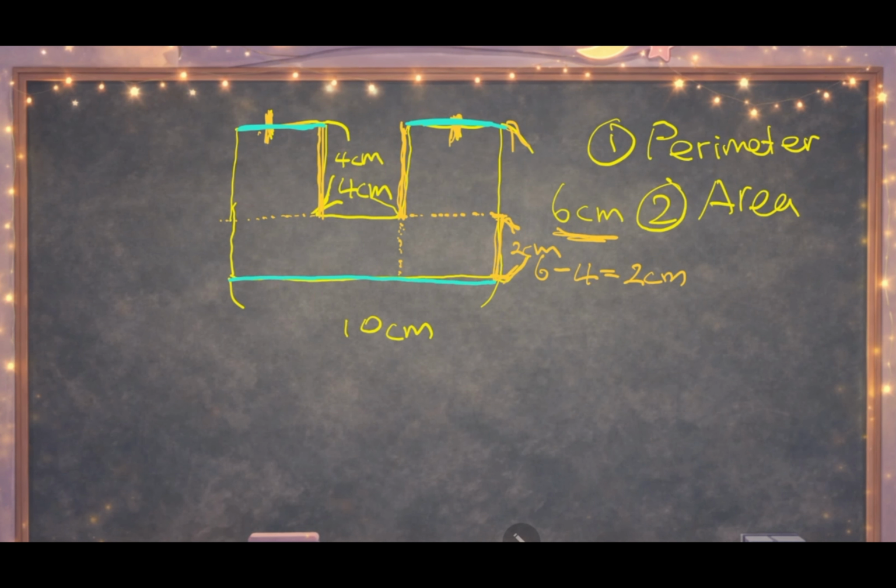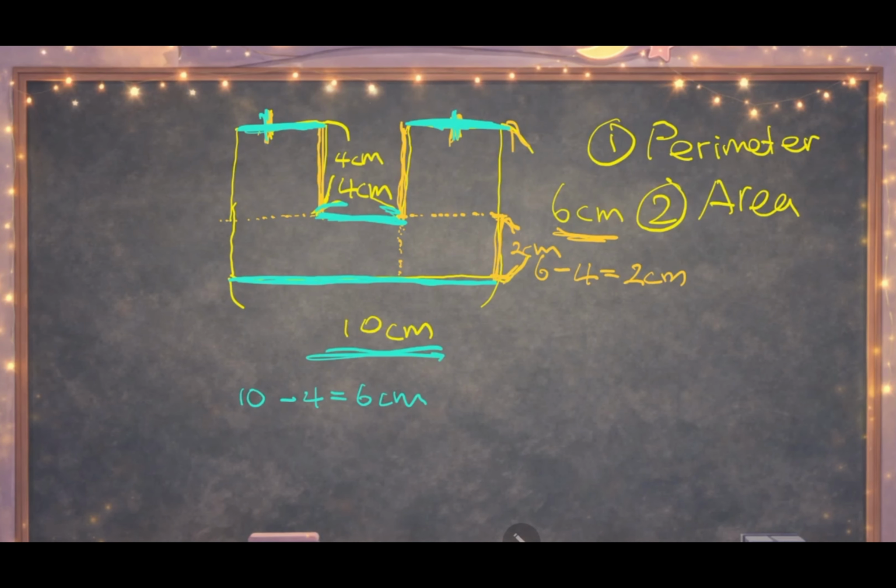We know that this long bottom horizontal line is 10 centimeters, and this middle part is 4 centimeters. I am going to subtract 4 from 10 to see how long both of these top sides are.